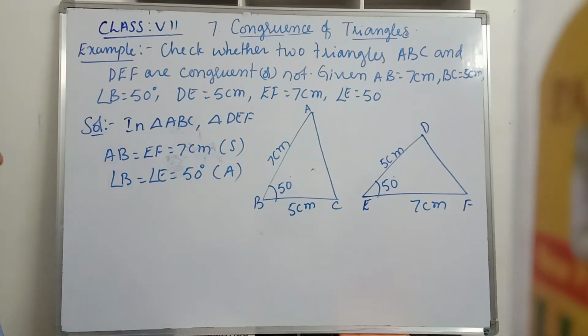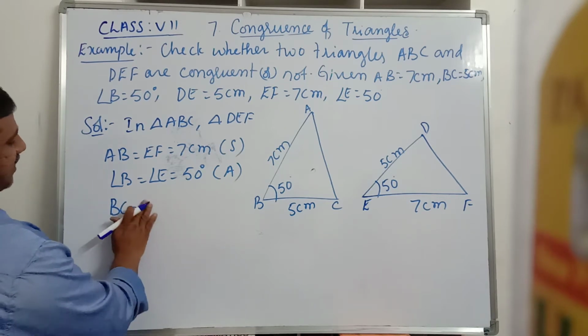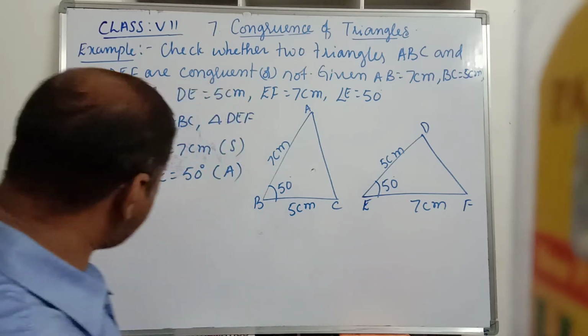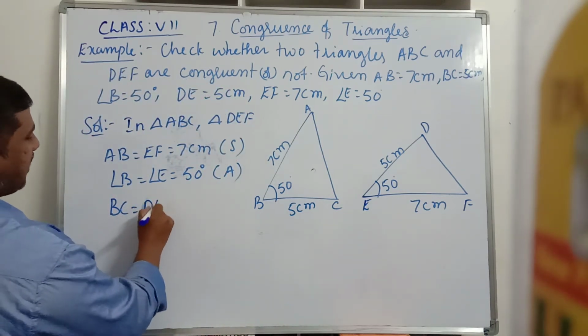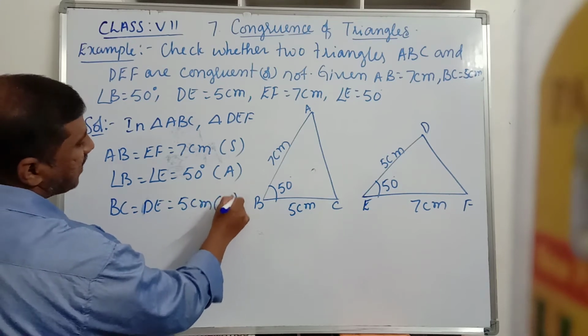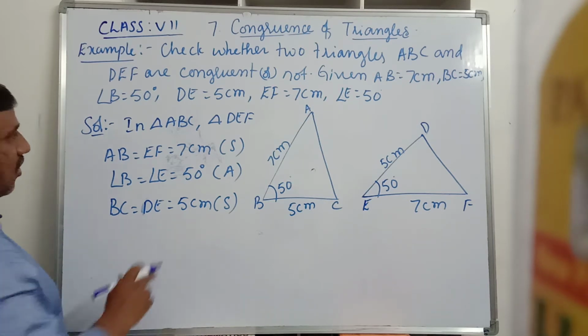Now BC is equal to 5 centimeters, which is equal to what? DE. BC is equal to DE, that is 5 centimeters. Again side. Side angle side. Therefore, these two triangles are congruent triangles.